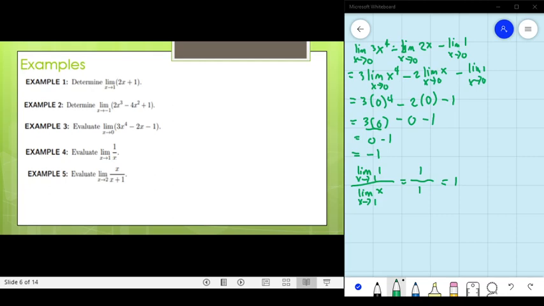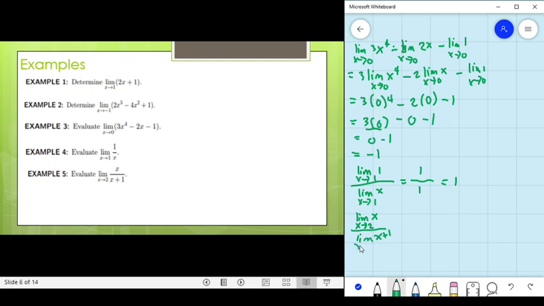We have the limit of the numerator x as x approaches 2 all over the limit of x plus 1 as x approaches 2.